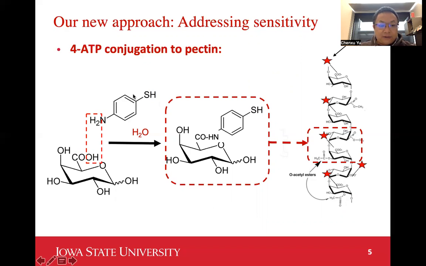This is a strong Raman scatterer, and we can form a chemical bond between the amino group on the 4-ATP and the carboxylic group on the pectin backbone, so that this Raman tag can be attached to pectins, which offers much better spectrum signal intensity.